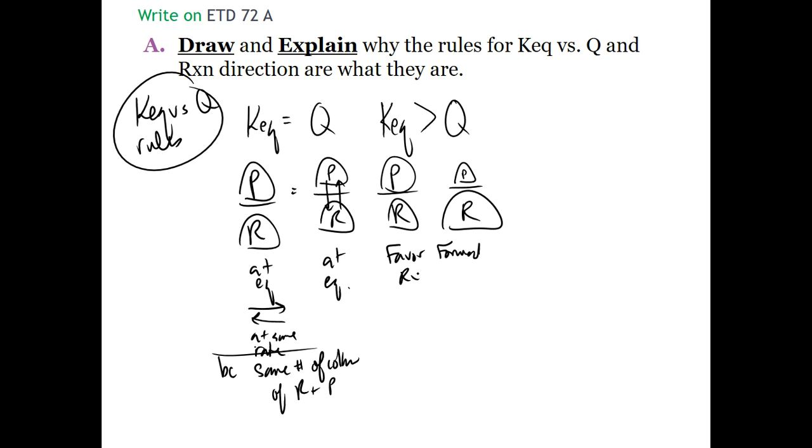Now, that makes complete sense, because if you think about this, it is going to favor the forward because there are way too many reactants. They're going to run into each other and create products. So that's, of course, going to make up for the deficit in the products, which aren't colliding enough. So this is going to favor the forward reaction to make more products because you haven't made enough.